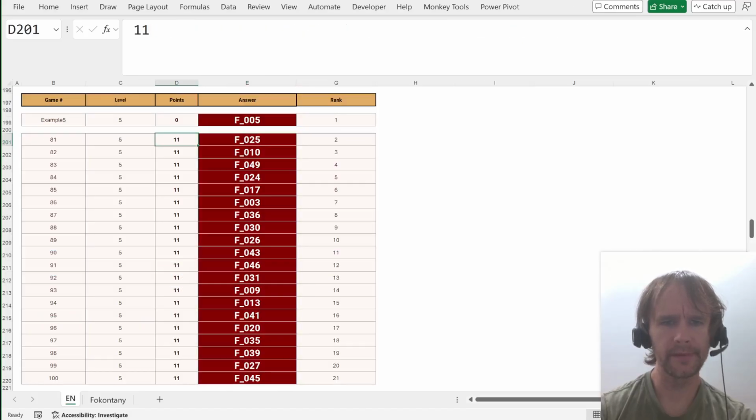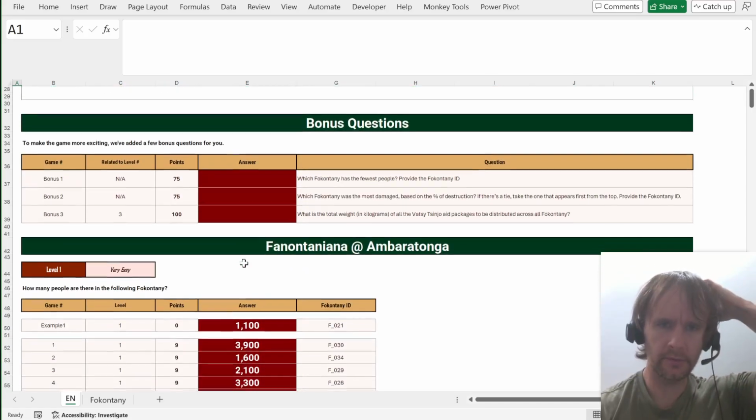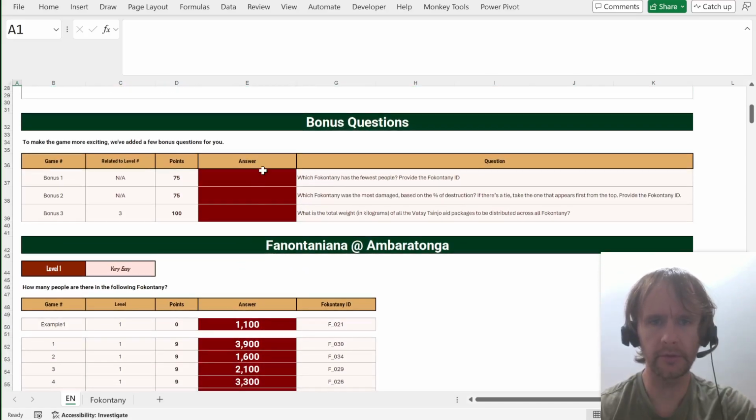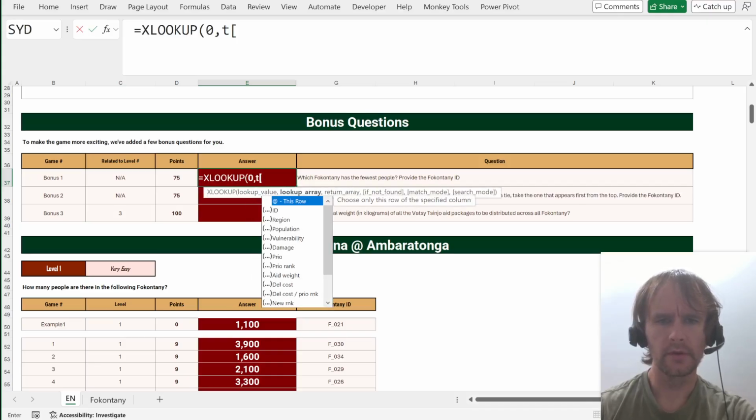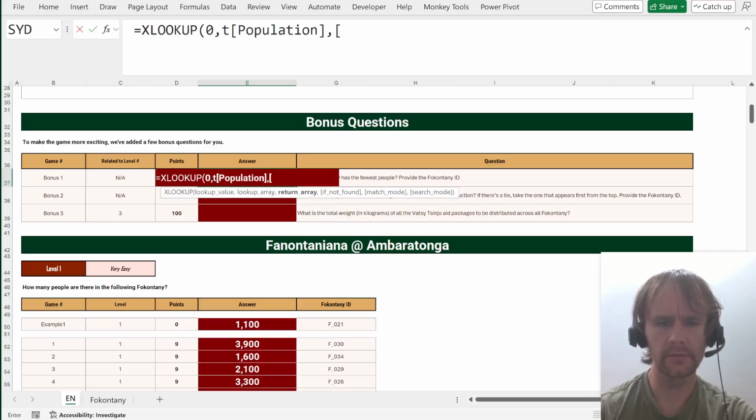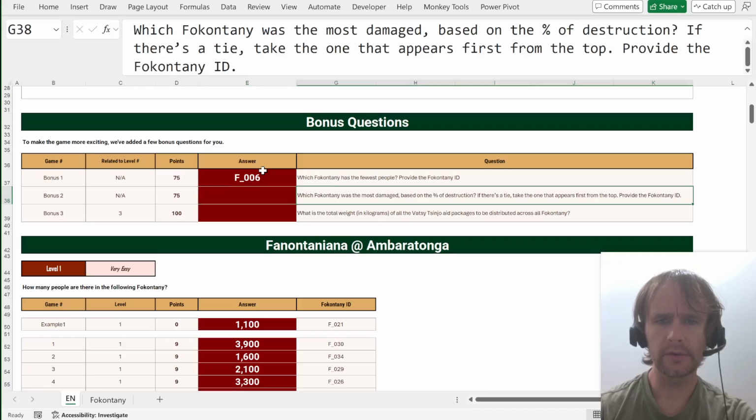Yes. Okay. Fine. Then let's go look at the bonuses. Which has the fewest people? XLOOKUP 0 in T. Yes. Population returning from TID. Exact match next larger item. Which was the most damage based on the percent of destruction? If there's a tie, take the one that appears first from the top.